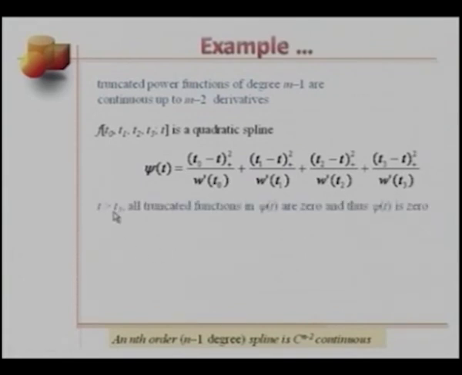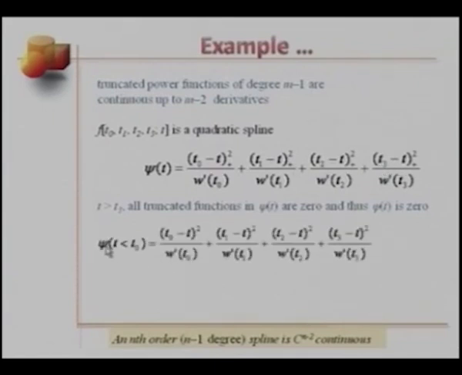For t greater than t3, all truncated functions in psi of t are 0, and thus psi of t is 0. In a sense, all these numbers within the parenthesis are negative.